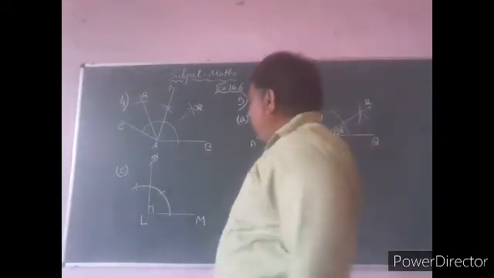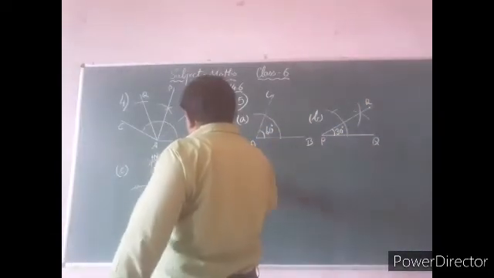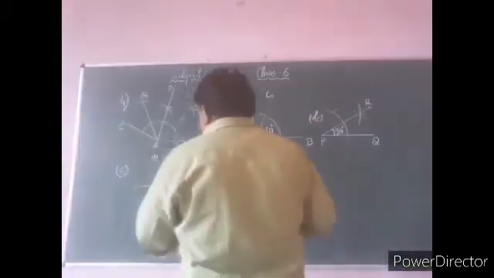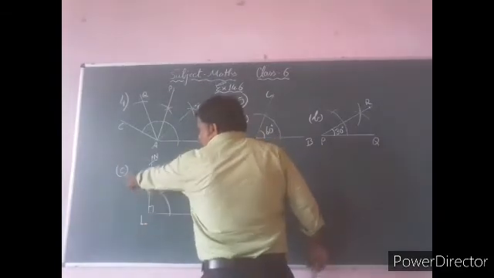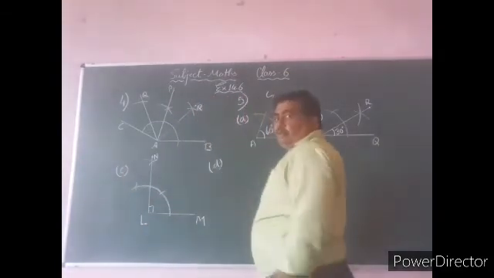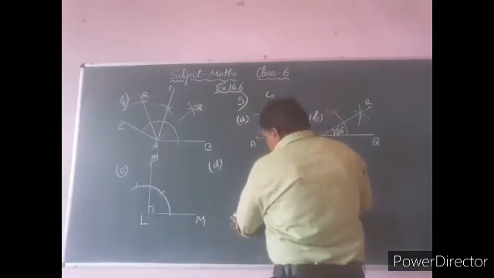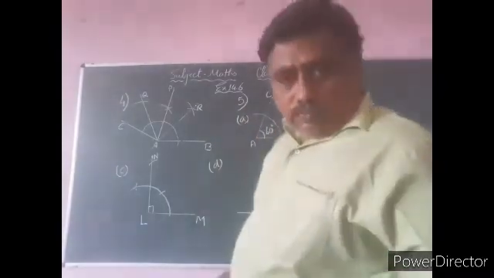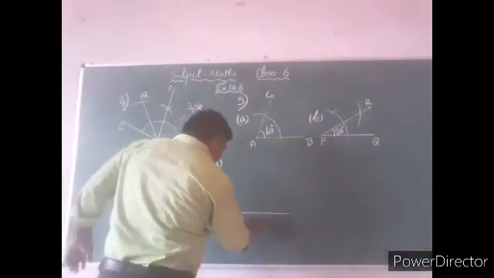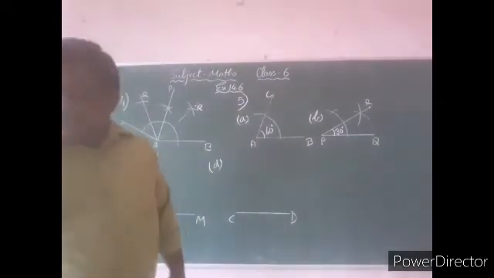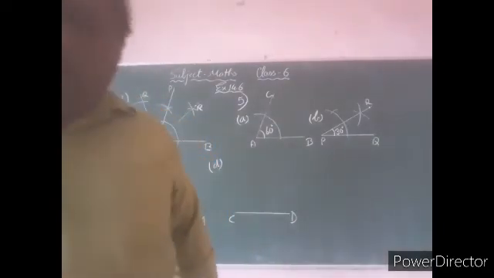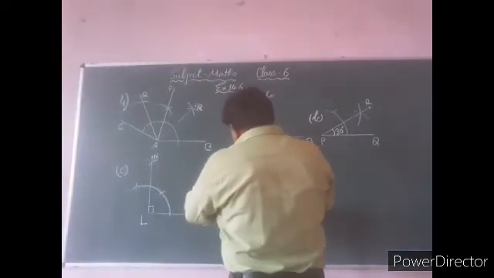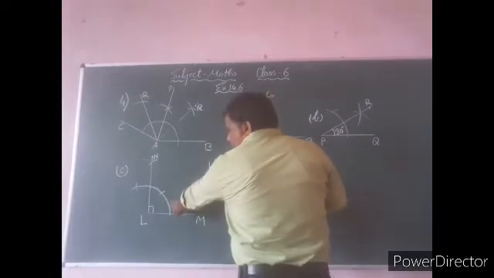Now 120 degree. And I have told you, if you join this, it will be 120 degree. So draw a line CD, taking C as the center, draw an arc of any radius as we have drawn here.